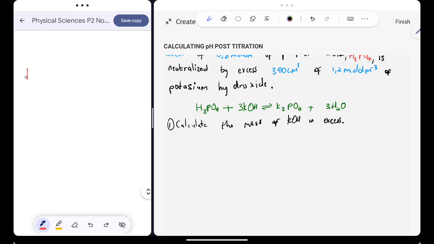Remember that on the pH scale we have 0, 7 and 14. Once your pH is closer to 7, your solution is regarded as a neutral solution. Are you together?